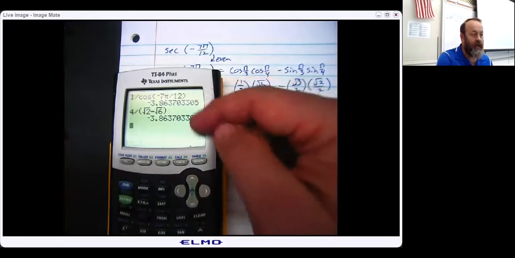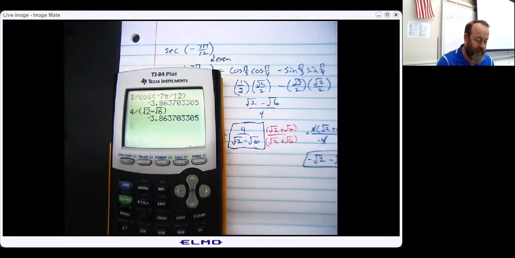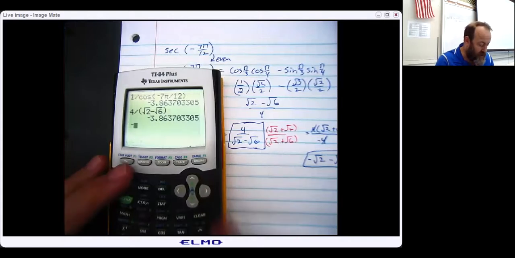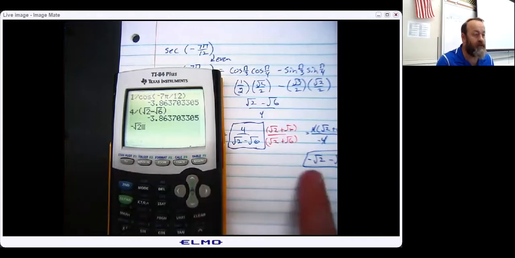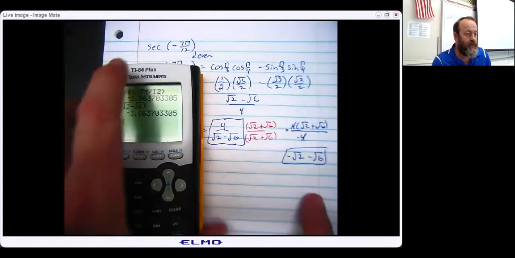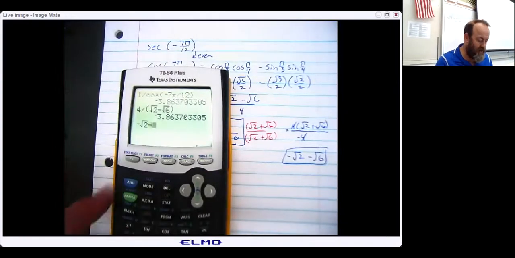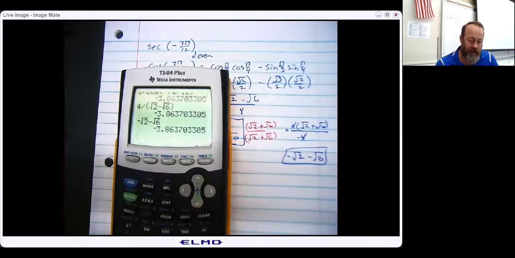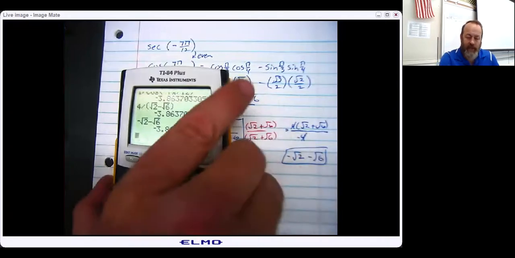And notice that I got a nice solid answer. But then when I kept going and I tried to do something a little bit more elaborate, I got negative root 2 minus root 6. And let's see if I actually did well on that one as well. And so notice that we got exactly the same result no matter what I did.